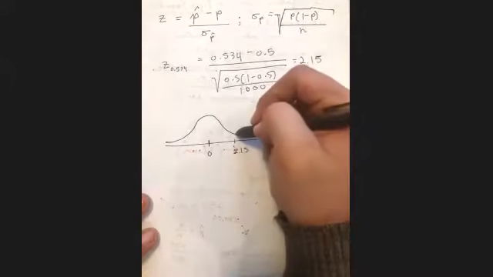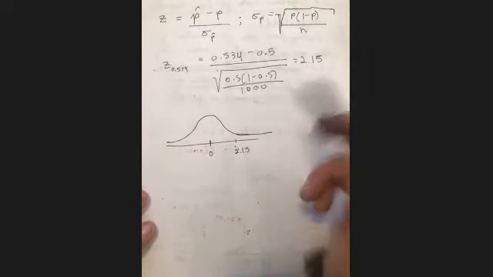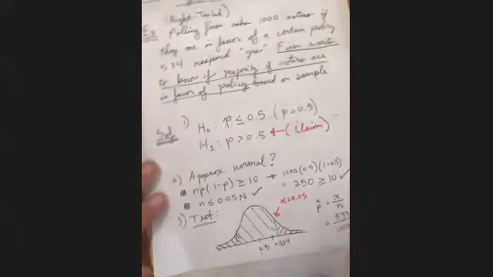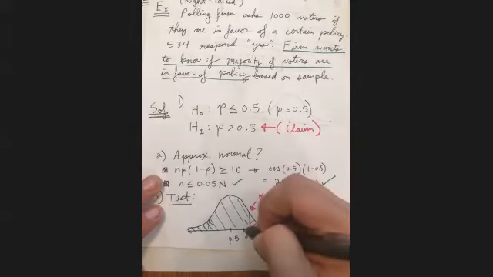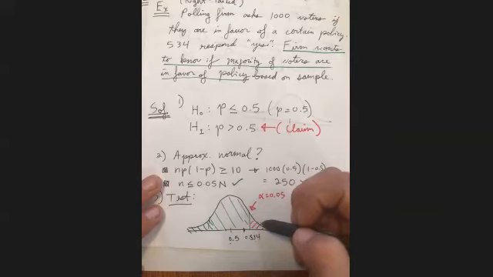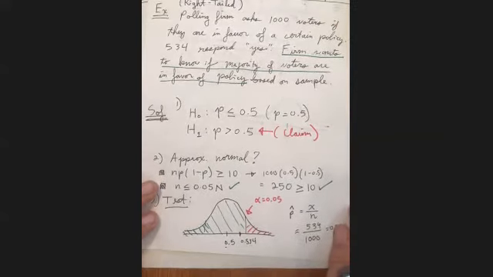Now what we want to know is whether it's in the green area or the red area, right? Remember the picture on this side, I said if the 0.534 falls in the red area, then it's bad news bears. If it falls in the green area, it's good news.